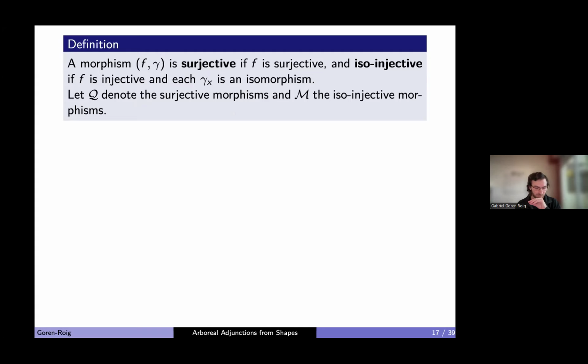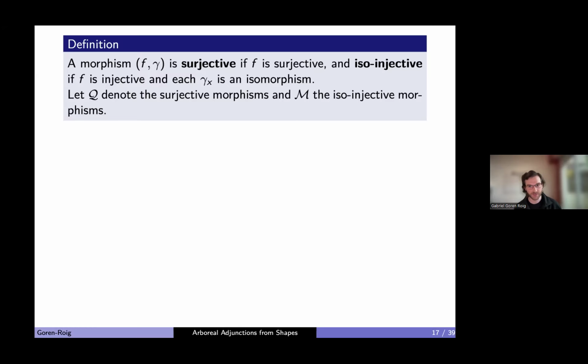Okay. So that's the abstract definition. Now I have to give you a concrete factorization system that works for S trees, and then I'll try to give you some intuition for the rest. So we're going to take one morphism between 2 S trees, which has the tree part and the shape part. We're going to say it's surjective if the tree part is surjective, and we're going to say that it is iso-injective if the tree part is injective and the shape part is just made of isomorphisms.